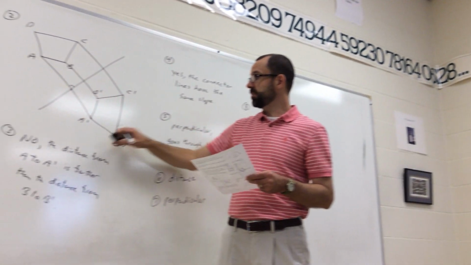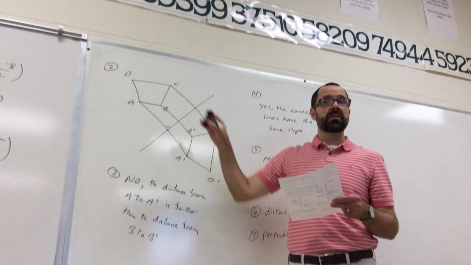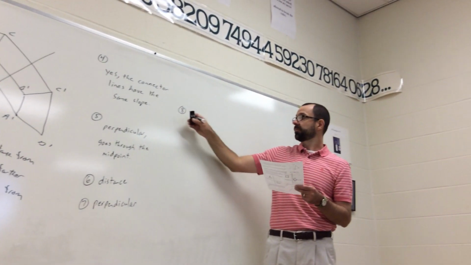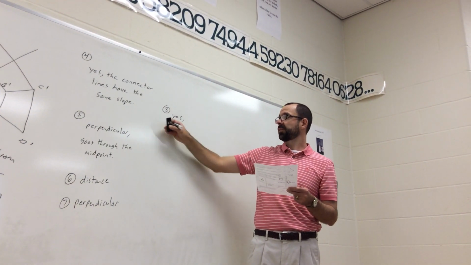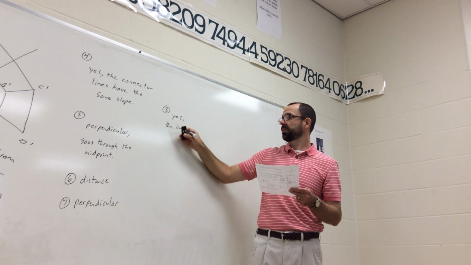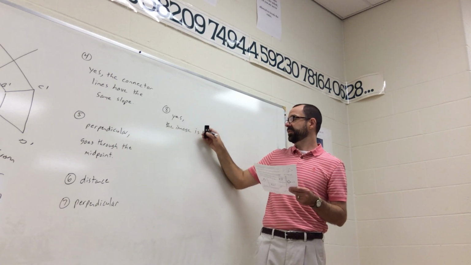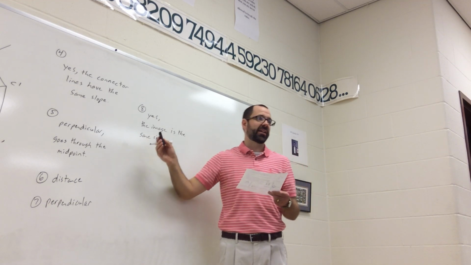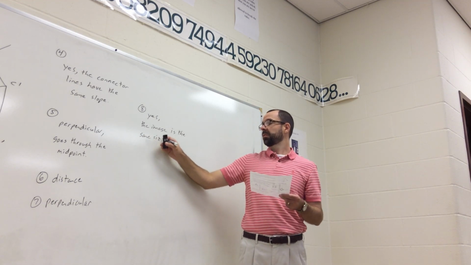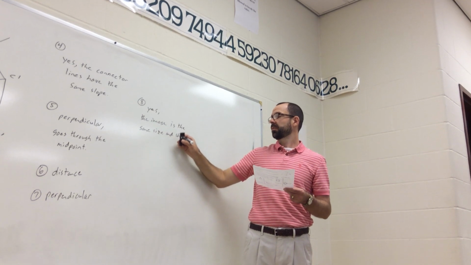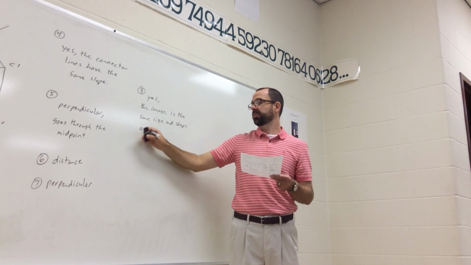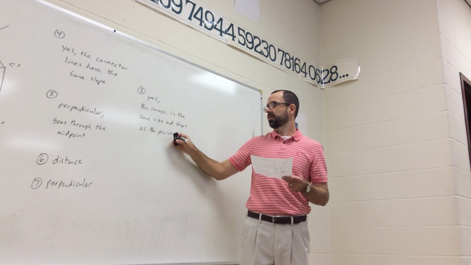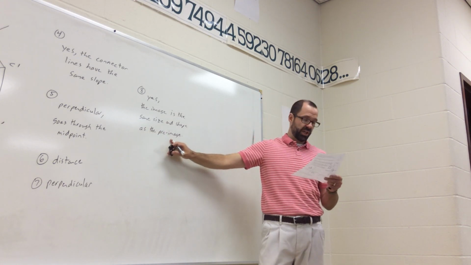Is this the same size and shape as the original one? Yeah, it is. So this is a rigid transformation also. So yes, the image is the same size and shape. Remember, the fancy word for that is congruent. The image is the same size and shape as the pre-image.